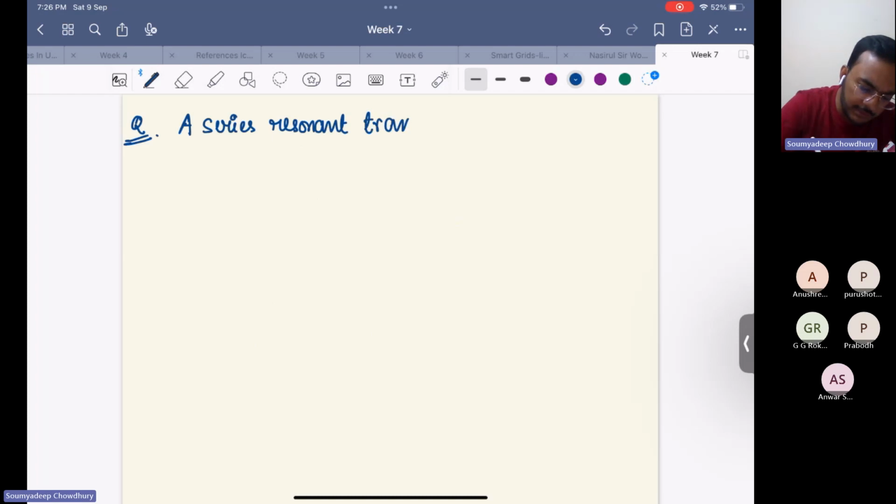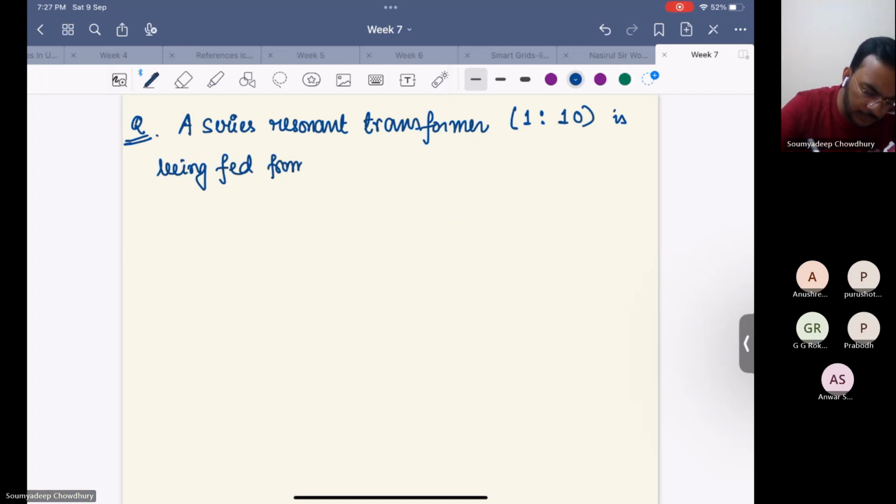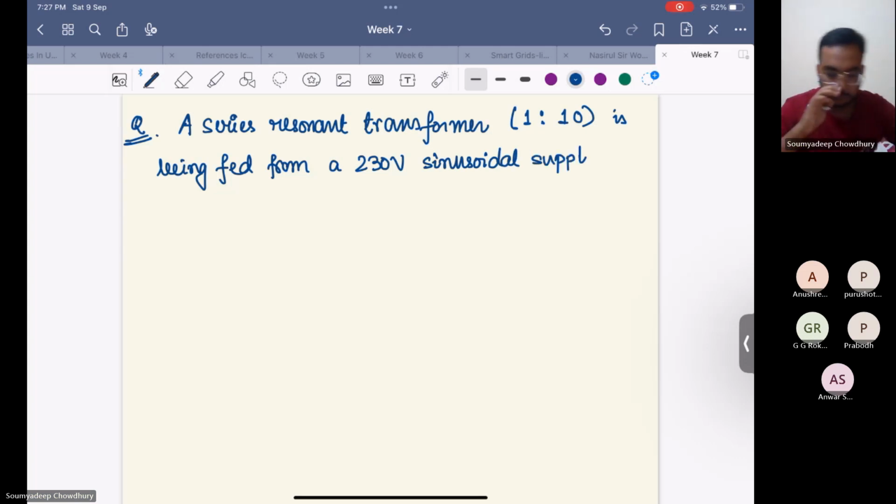A series resonant transformer, turns ratio is 1:10, is being fed from a 230 volt sinusoidal supply.